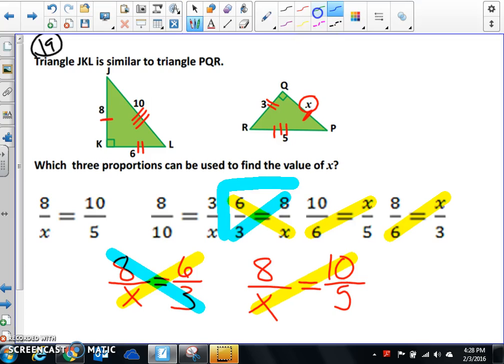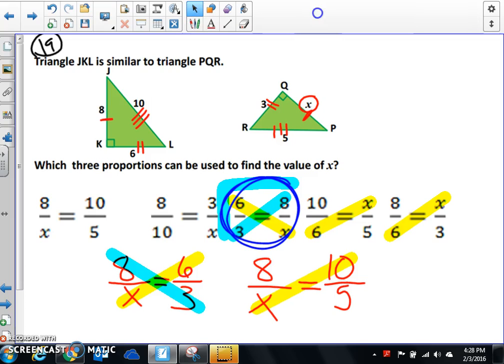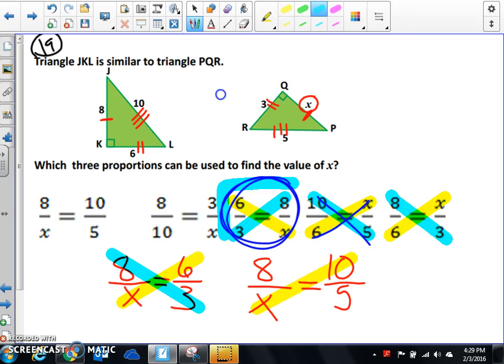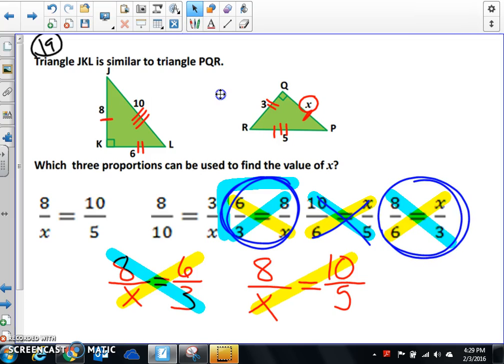So here, let's actually just circle. So that's a good one. If x belongs to 6, 8 has to be with 3. That is not true. So that's not good. And then 8 has to belong with 3. That is true. So that's a good one. So far we have 2. All right, now I'm going to find all of them where x belongs to 10.